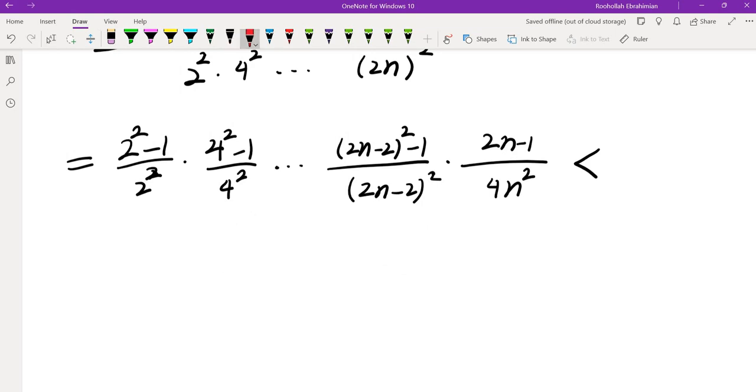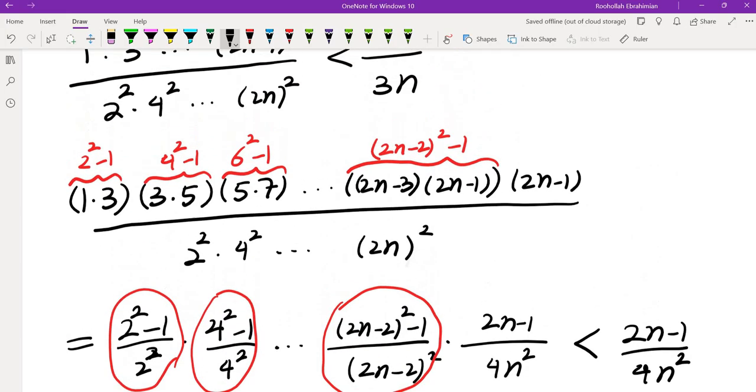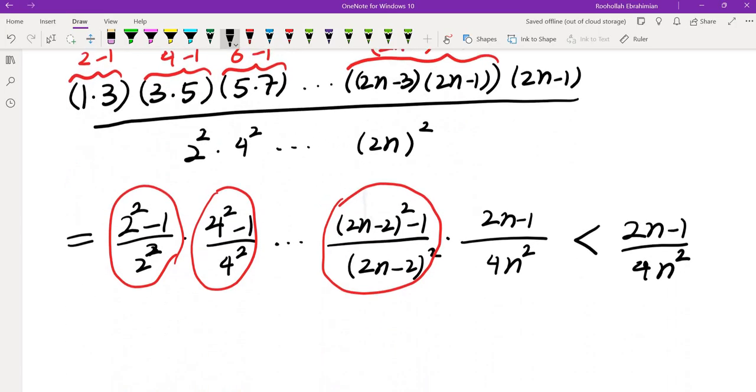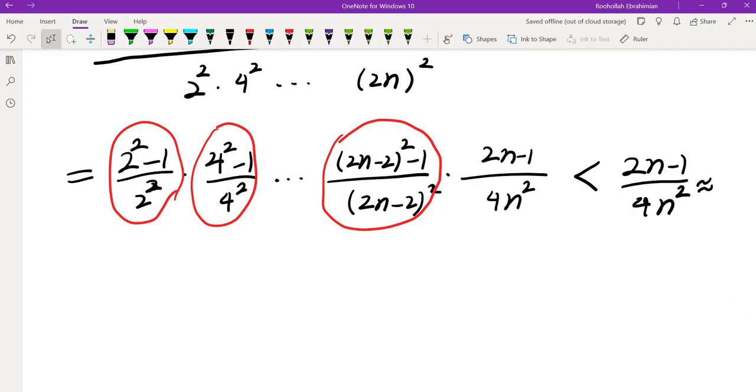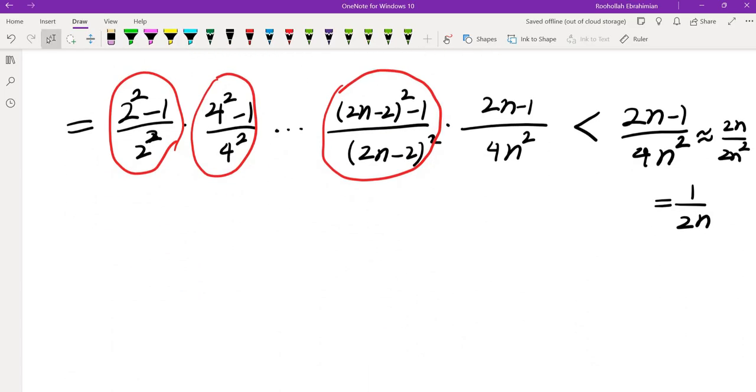Every one of these fractions is less than 1, which means this whole thing is less than 2n minus 1 over 4n squared. And I need to show this is less than 1 over 3n. Unfortunately, this is roughly 2n over 2n squared, which is 1 over 2n, which is larger than 1 over 3n. So this doesn't quite work.